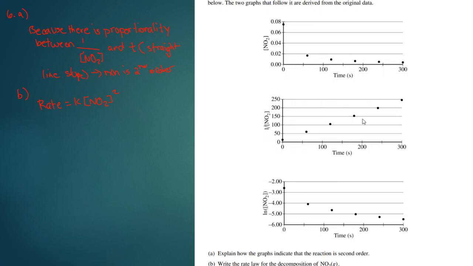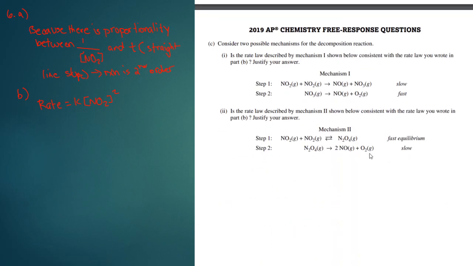Alright, part C. Question I says, is the rate law described by the mechanism below consistent with the rate law that you wrote in part B? Justify your answer. Okay, so recall that our rate law for a reaction mechanism has to involve only the slow step.